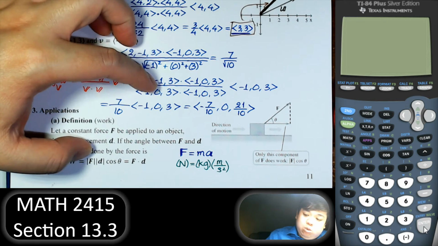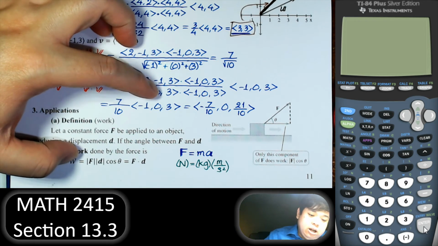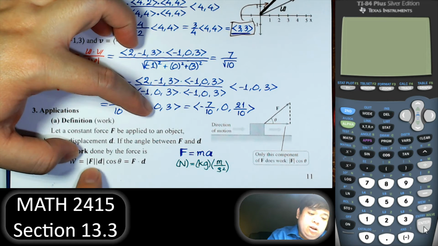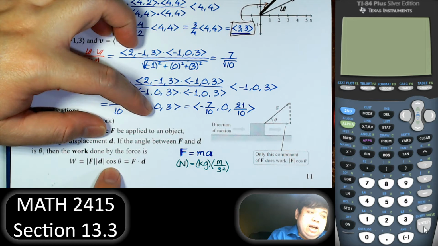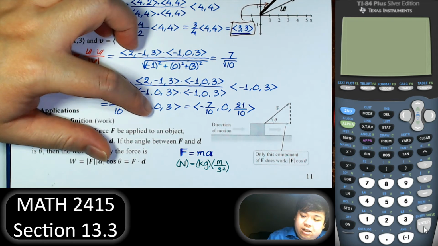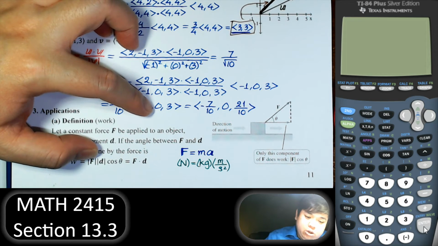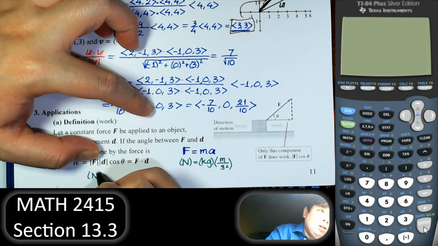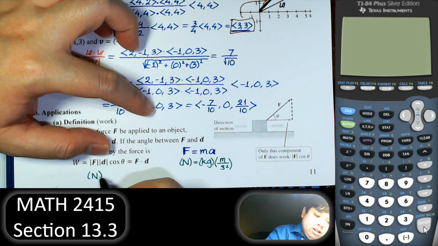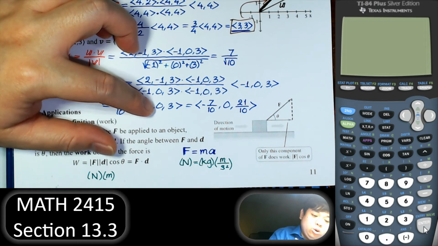And then in this case, what we have is work is equal to force times distance, and then cosine has no unit. So the unit of force is Newton, and the standard unit of distance is meter. Cosine has no unit.